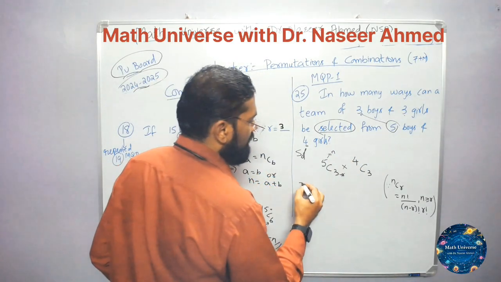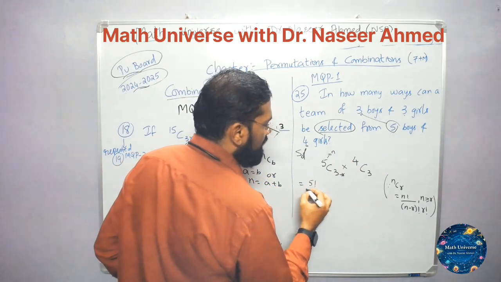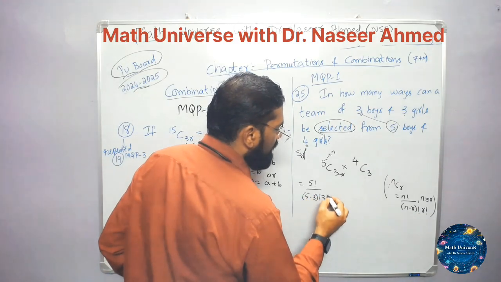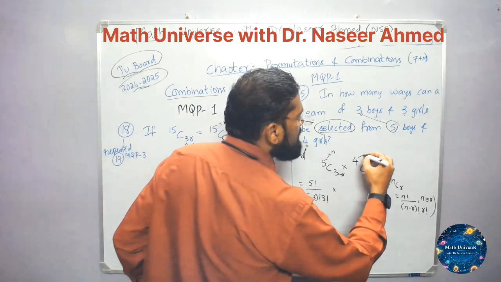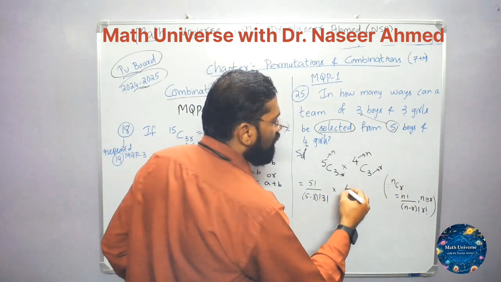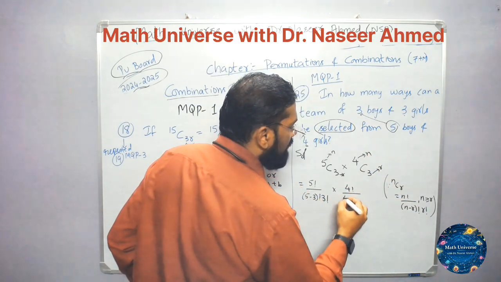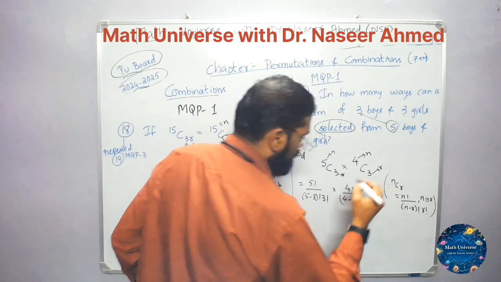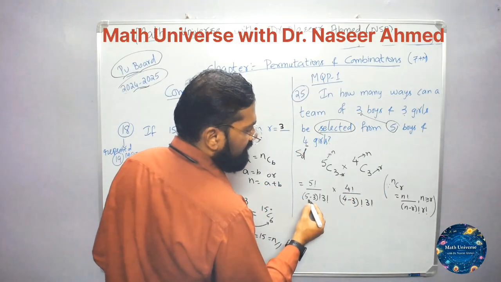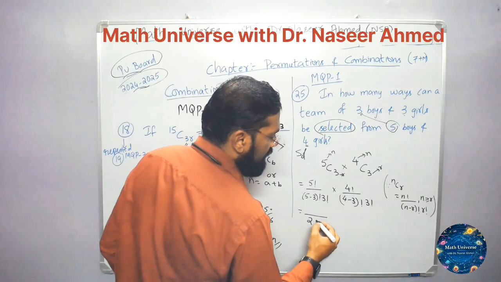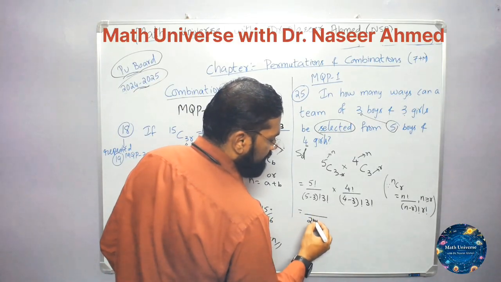Substitute here: 5 factorial divided by 5 minus 3 factorial into 3 factorial. Substitute again: 4 factorial divided by 4 minus 3 factorial into 3 factorial. Here 5 minus 3 is 2, and here it is 3 factorial.